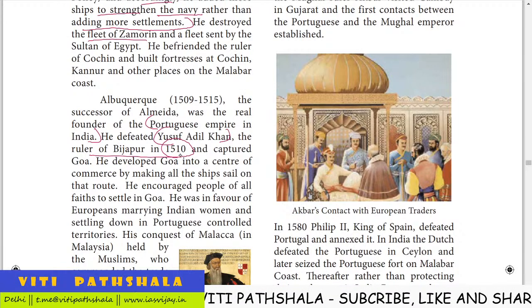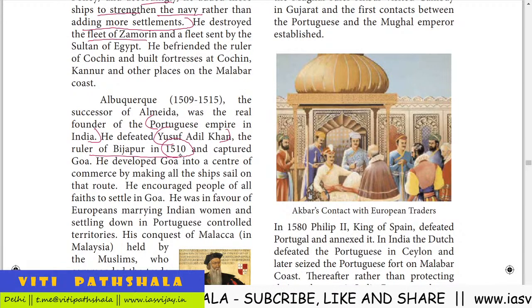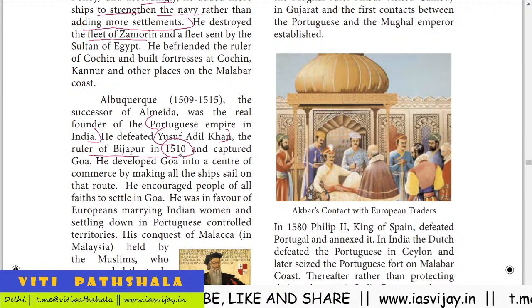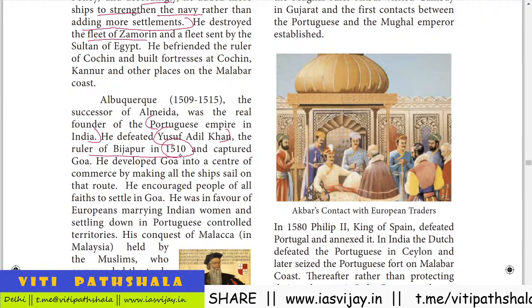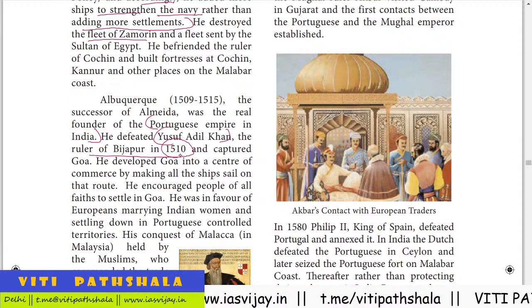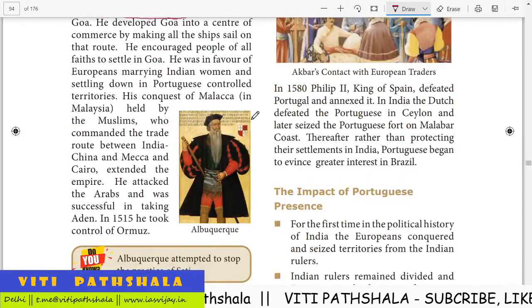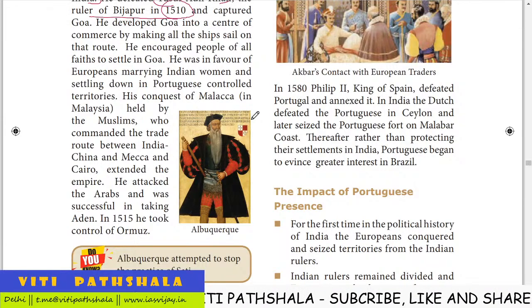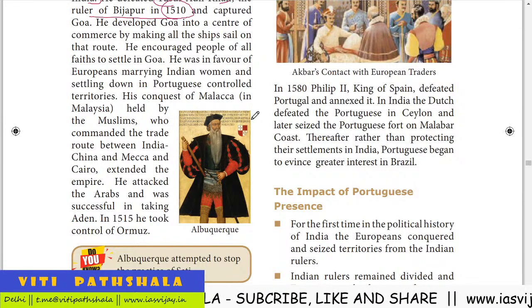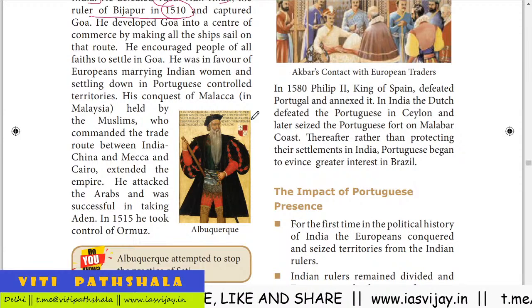He developed Goa into a center of commerce by making all ships sail on this route. He encouraged people of all faiths to settle in Goa. He favored Europeans marrying Indian women and settling down in the Portuguese controlled territories.